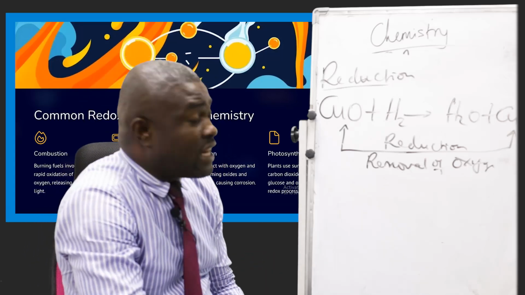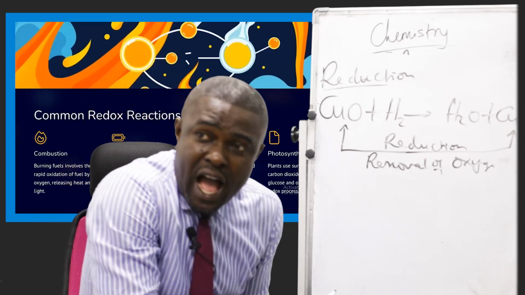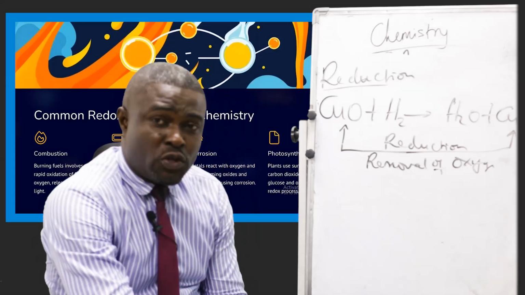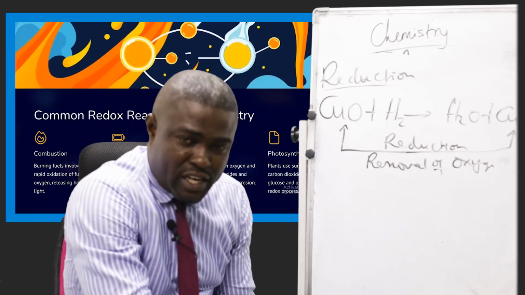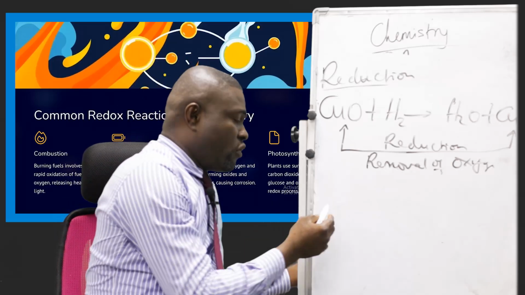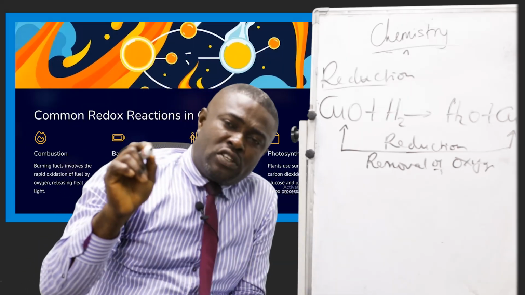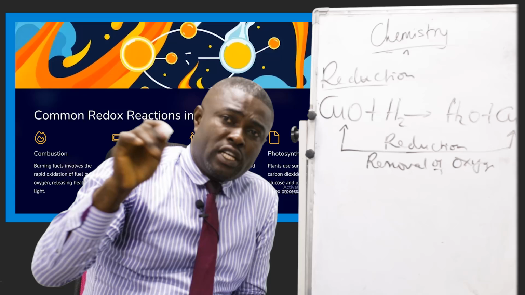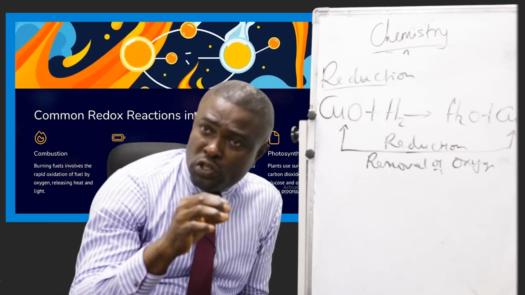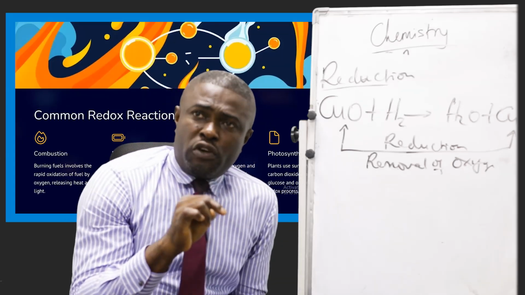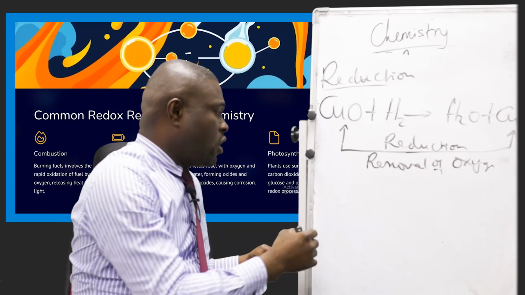Finally, it is addition of electropositive elements. What do we define oxidation to be? Addition of electronegative elements. So for reduction, it's going to be addition of electropositive elements.